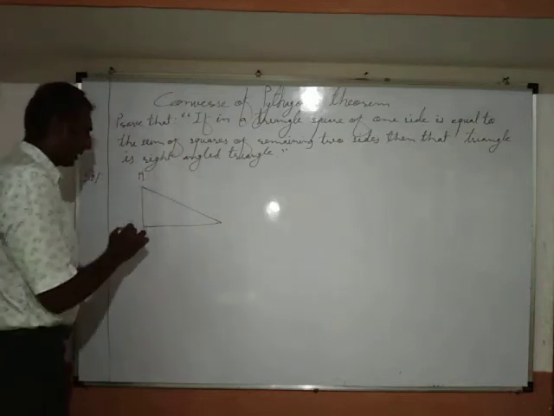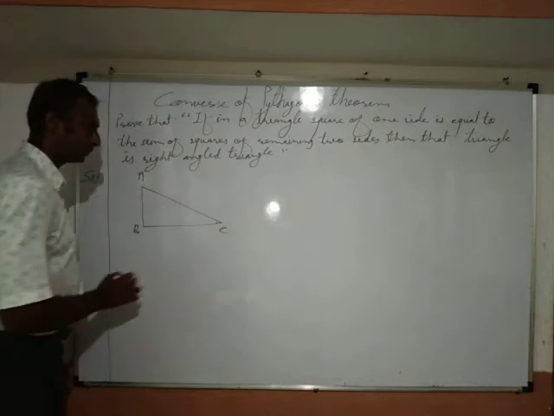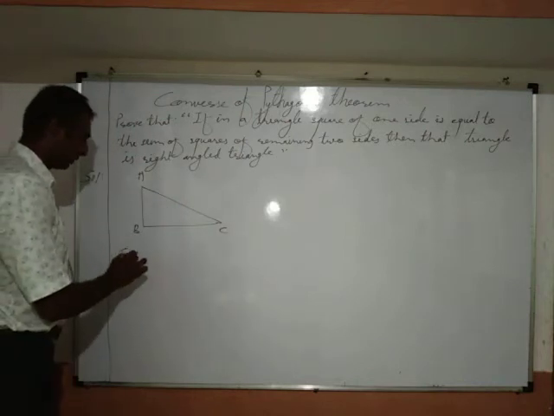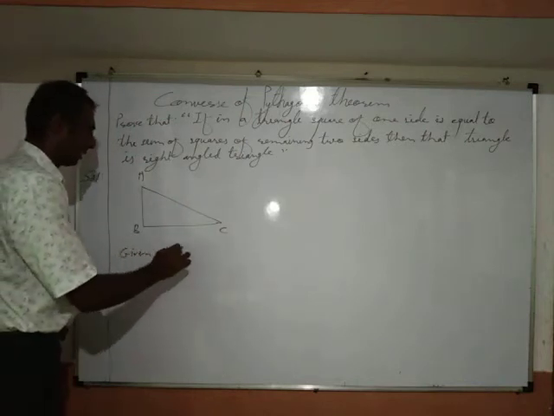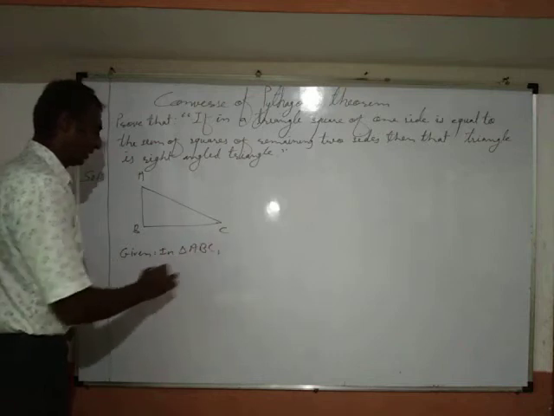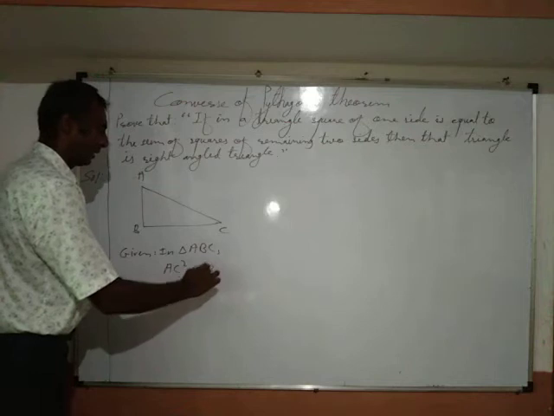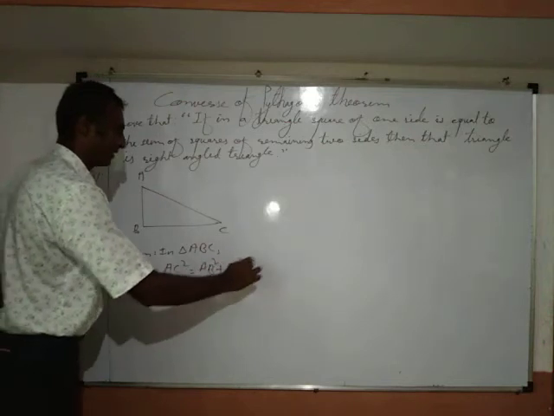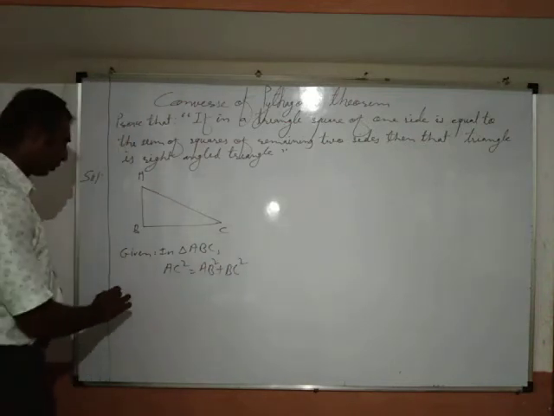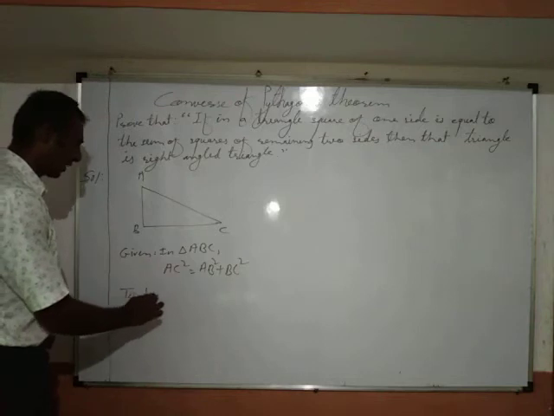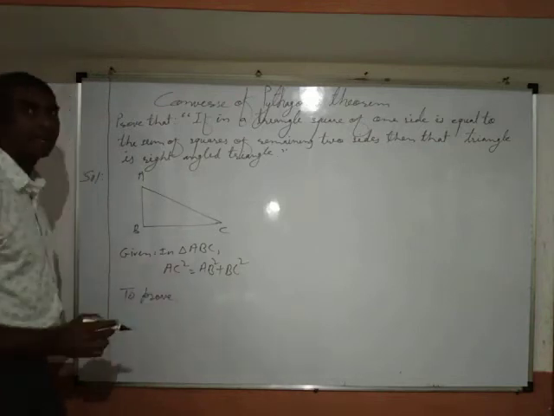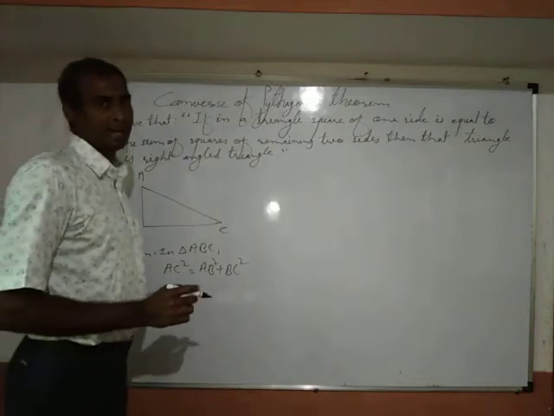Let us suppose in triangle ABC, let's mention given: in triangle ABC, square of one side means AC square equals AB square plus BC square. Then what to prove? In such a case, the triangle is a right angled triangle.